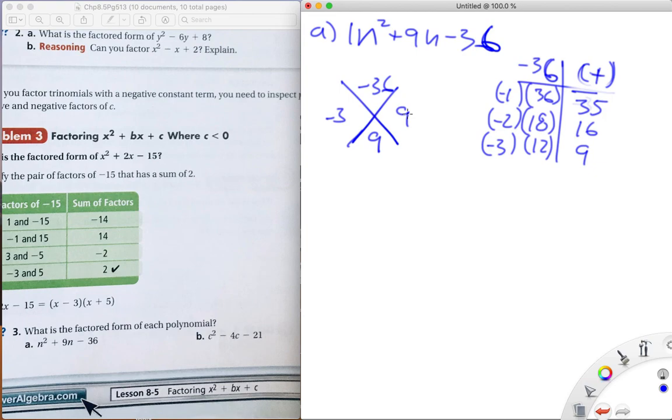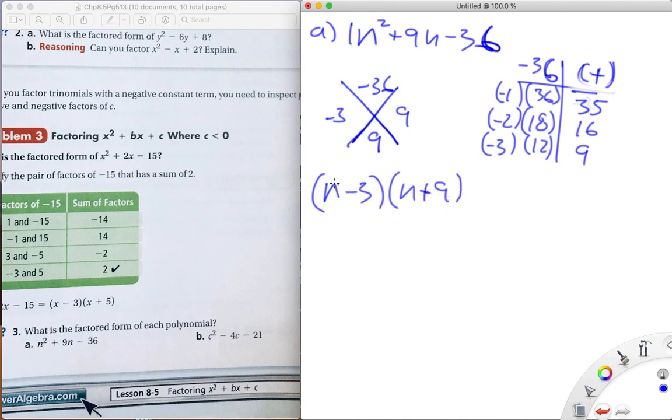When you do the diamond method, you put these in number order. So negative 3 is left of 12 on the number line, so that goes first, the smaller number. So when I do this, it's going to be n minus 3 times n plus 12.